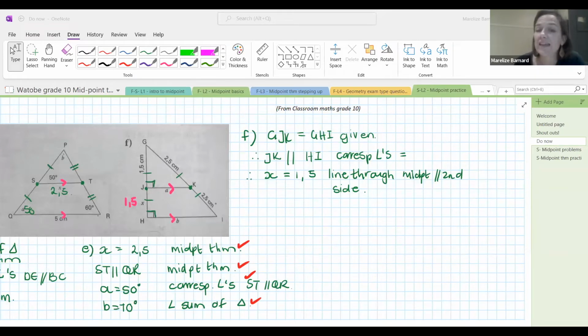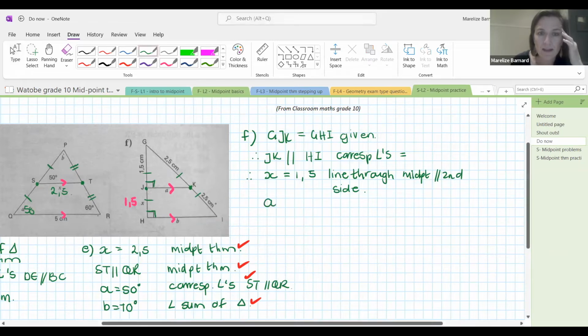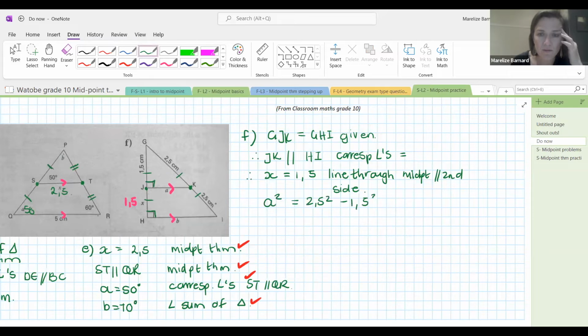And they change their minds, whoever they are, the geometry people who put these reasons in place. So they change it sometimes, and then you have to learn a new thing. Anyway, next we're going to do a squared is 2.5 squared minus 1.5 squared, and the reason there is Pythag.